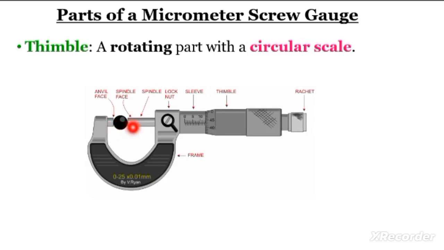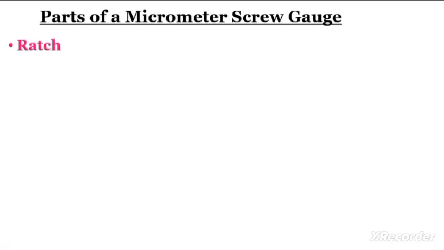These two are holding the object given here, and they can only hold this object if we rotate the thimble. So we have described the thimble.